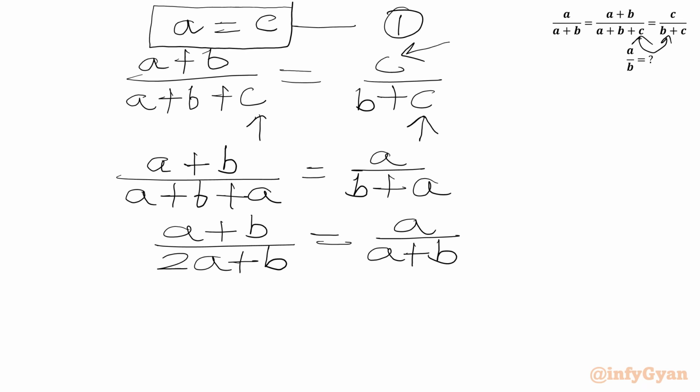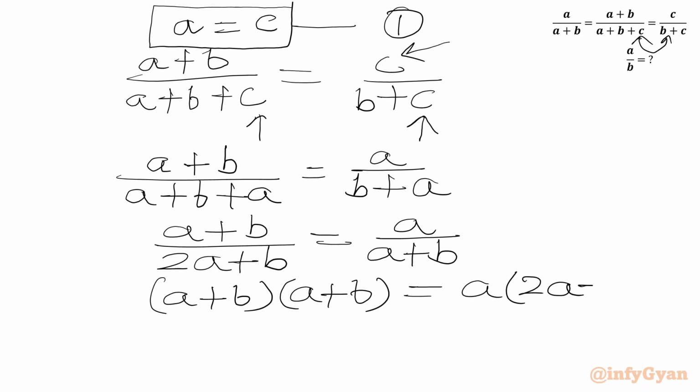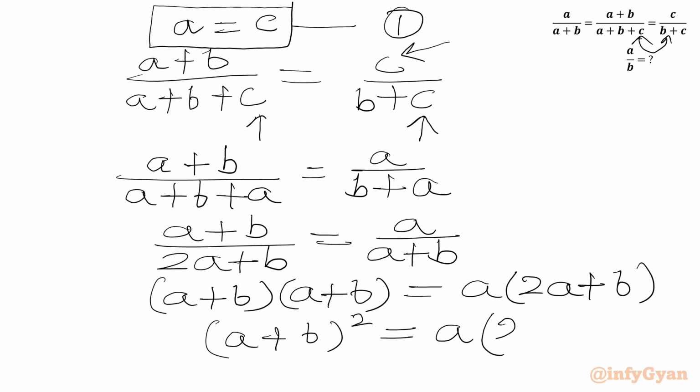Now we have to cross multiply. So we can write A plus B times A plus B equal to A times 2A plus B, or A plus B whole square in the LHS equal to A times 2A plus B. Now we will use the A plus B whole square identity.